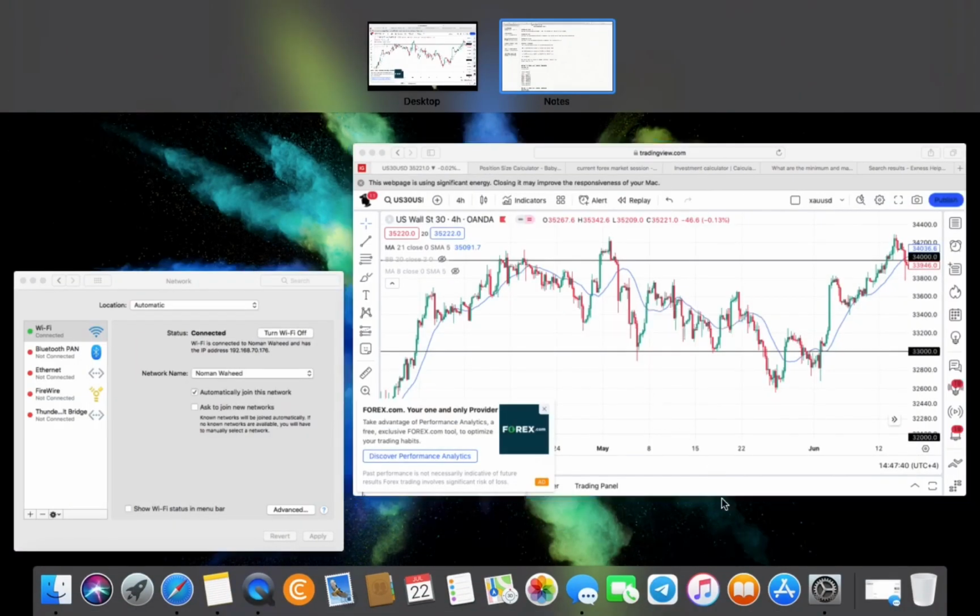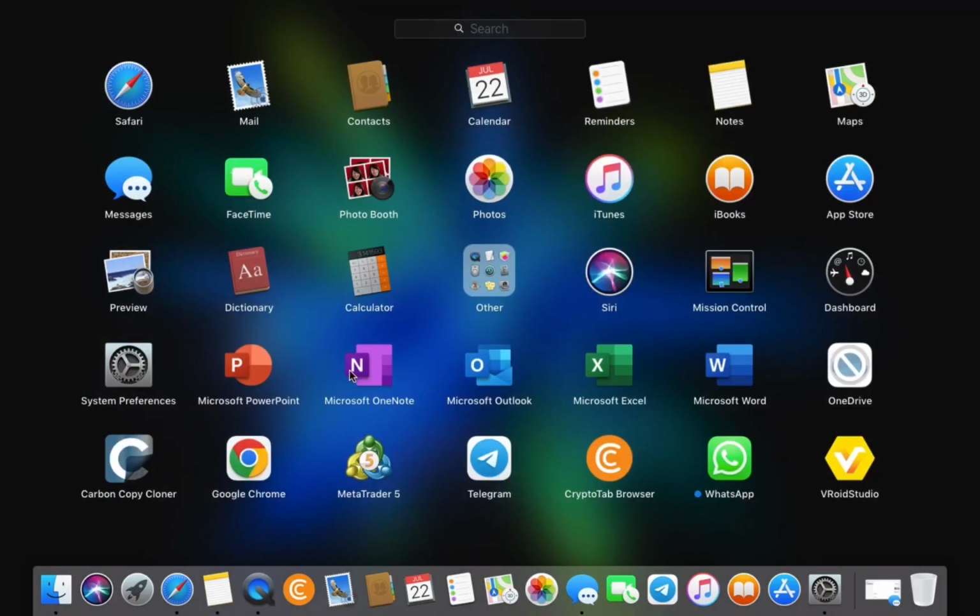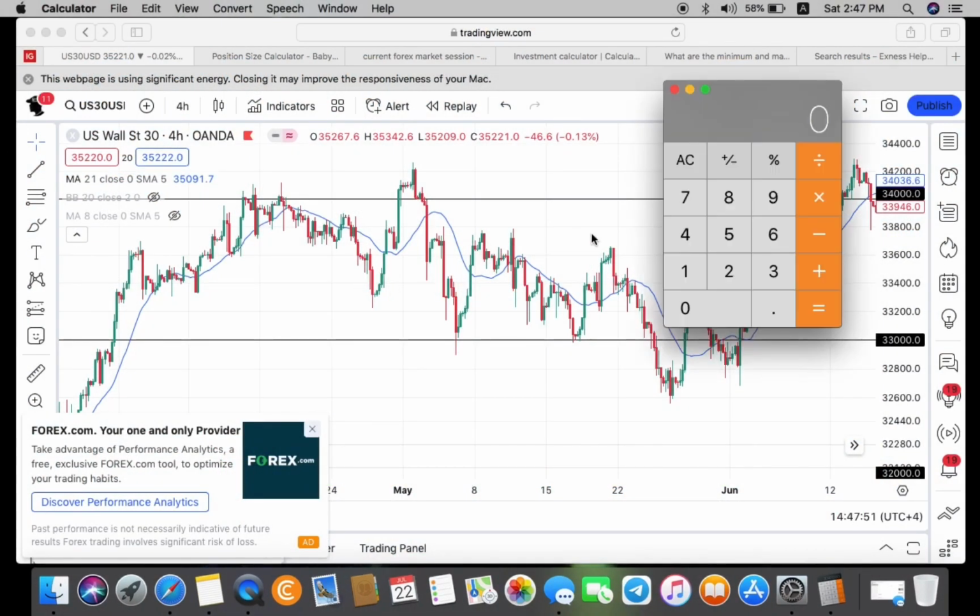So this is a simple calculation, guys. It's very easy peasy. 0.01 times 9 gives 0.09, so you're going to have 9 cents just using 0.01 lot size for a 9 points move.